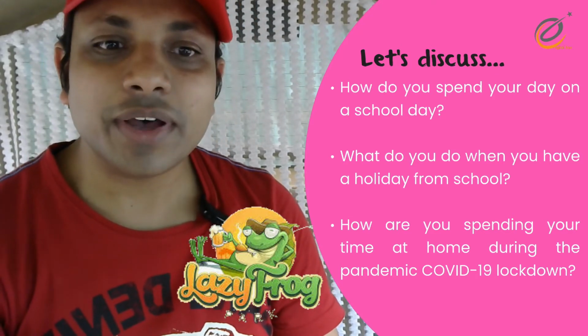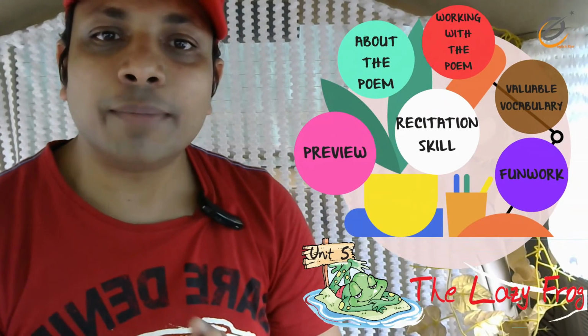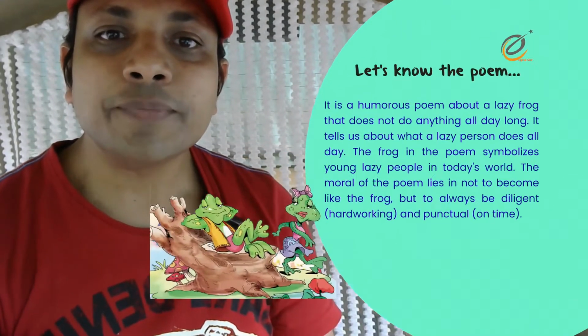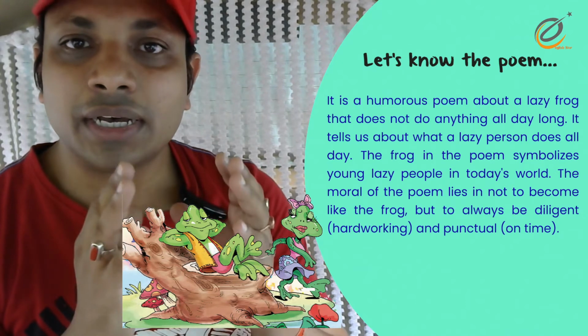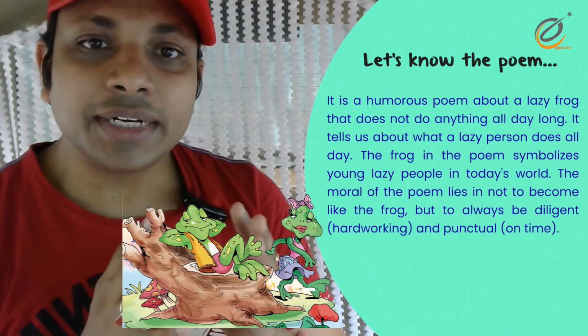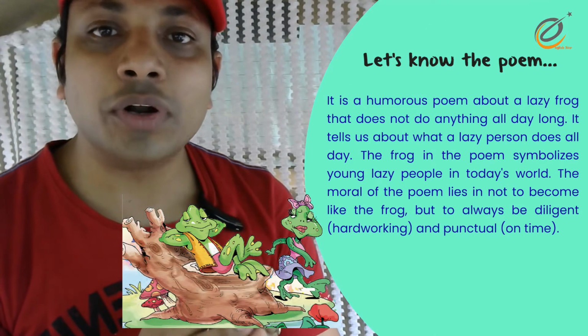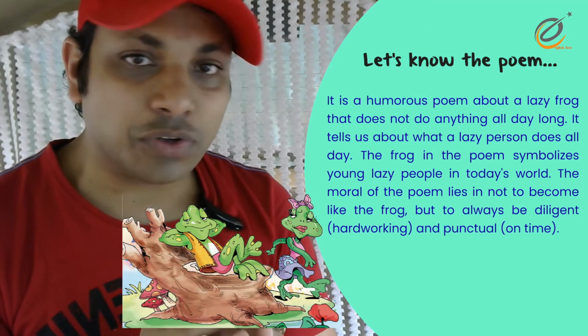So let's move ahead, students. We will move to the about the poem, and in about the poem you will see that this poem is about a frog, right? It is a humorous poem about a lazy frog that does not do anything all day long. It tells us what a lazy person does all day.